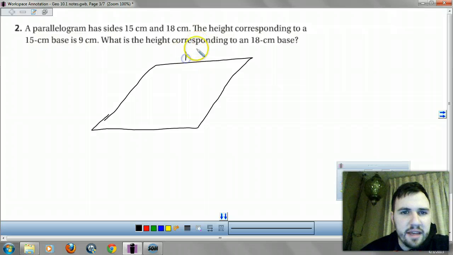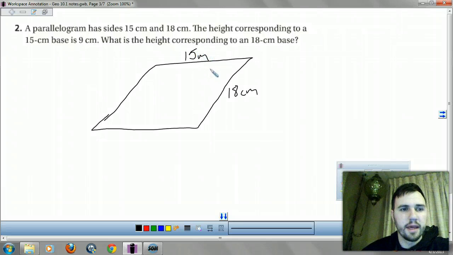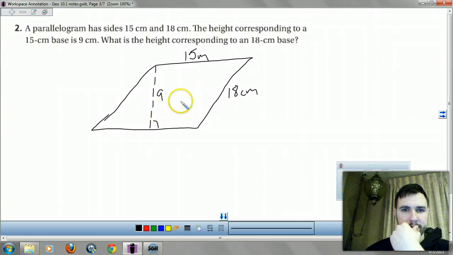Now they say 15 and 18 are my sides, right? And they say the height corresponding to the 15 is 9.